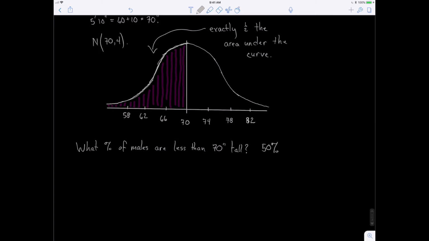Okay, let's try another one. What percent of males are above 6 feet 2 inches tall?